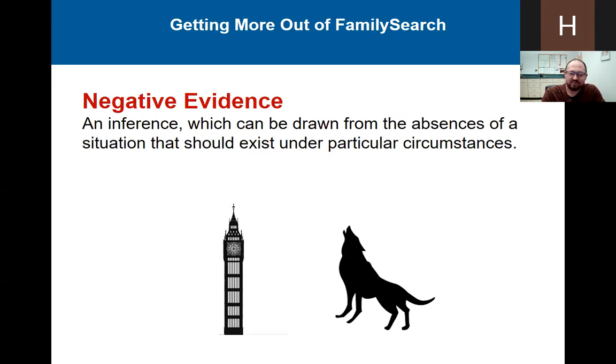The great example is if every time the clock tower rings the neighbor dog barks, and at 11 o'clock at night, the clock tower rings and the neighbor dog doesn't bark, the neighbor dog isn't there. Is the neighbor dog inside? Where is it? That's negative evidence that the neighbor dog isn't outside and can't hear the clock tower.